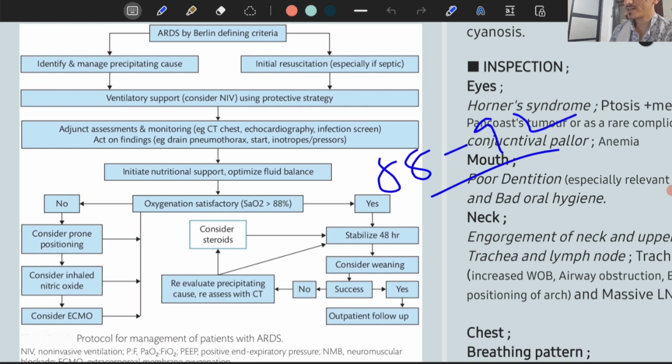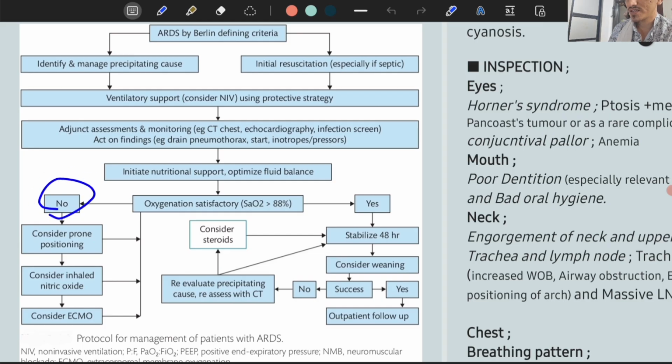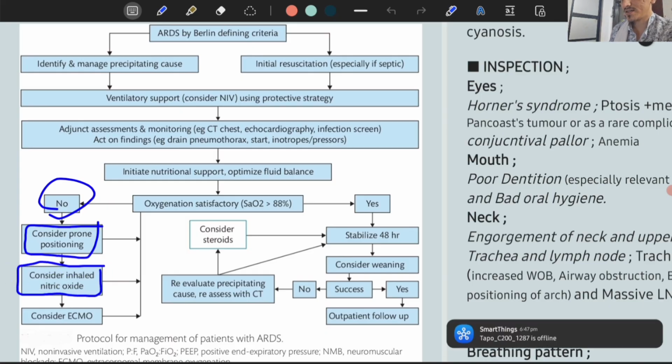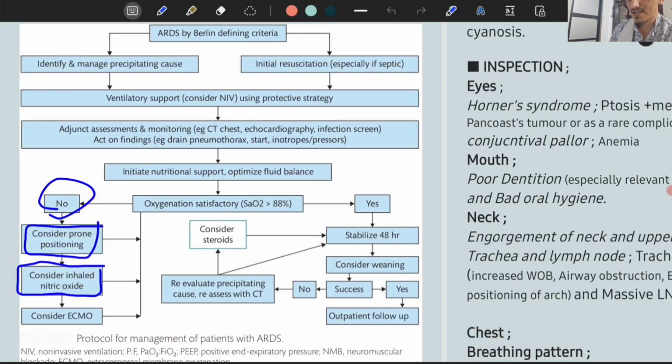But if the saturation is not maintained in this range, then you consider prone positioning, which may improve the saturation, individualizing the patient. You can make the patient inhale nitric oxide, which will increase oxygenation in the lungs, but this has less evidence.